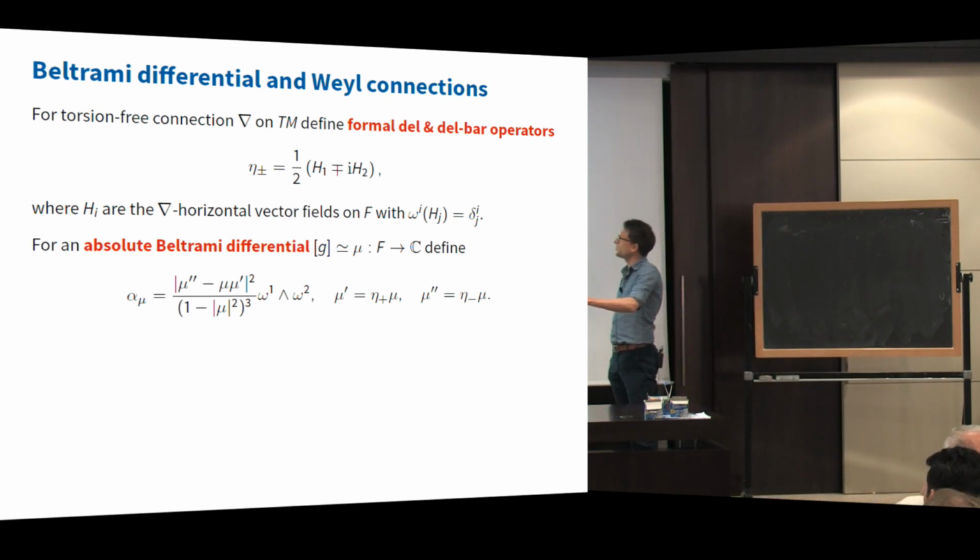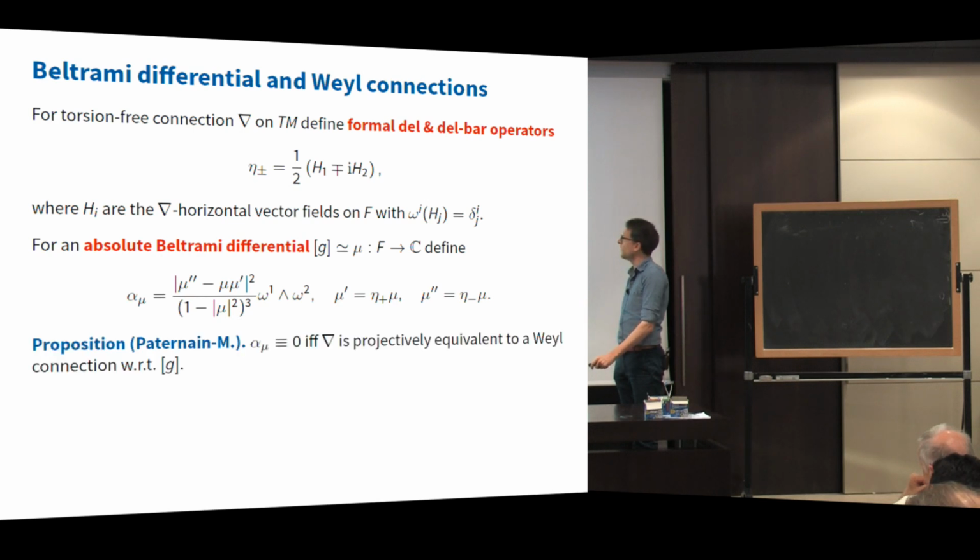So here's the punchline. We have an absolute Beltrami differential, which we can think of as being a conformal structure. This is supposed to be some function on my frame bundle, which is equivariant with respect to this Möbius action. I can cook up a 2 form, so this is my 2 form here. It turns out this is the pullback of a 2 form on my surface.